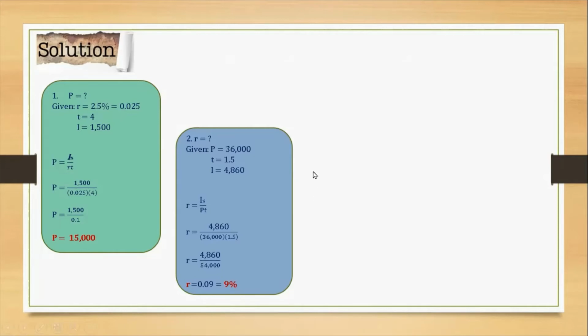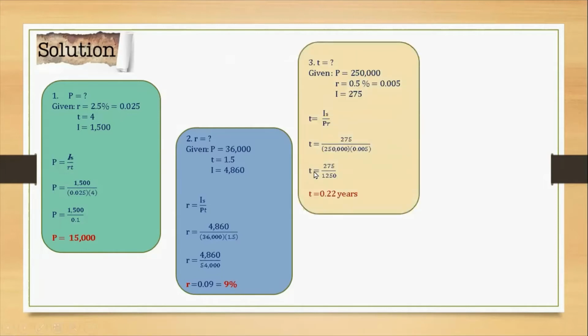Let's have number 3. We are looking for the time, and given there is our principal, our rate, and our interest. We can initiate the formula, which is time is equal to I, or interest, over principal times rate, and substitute the given.